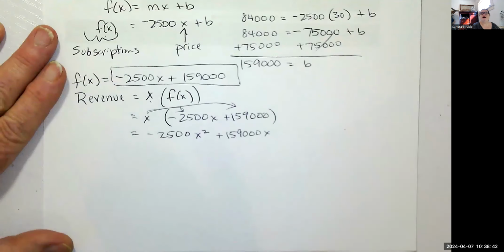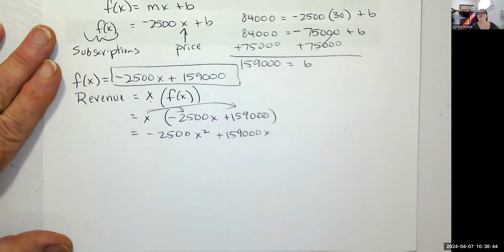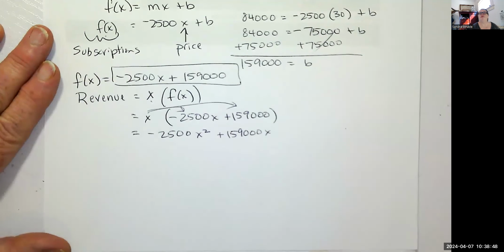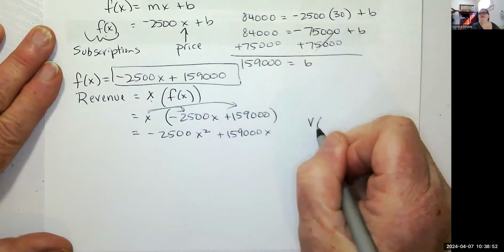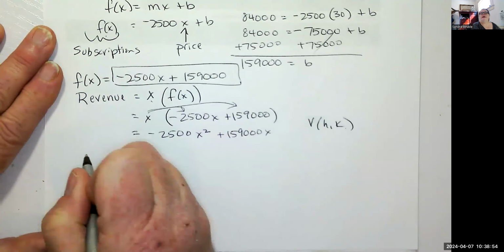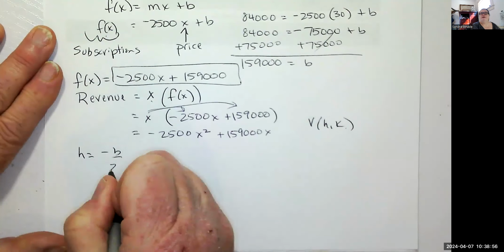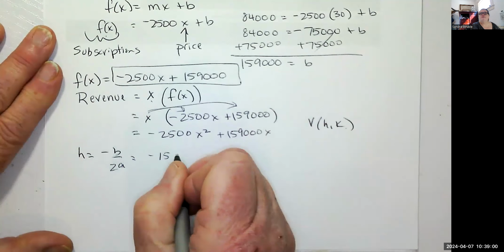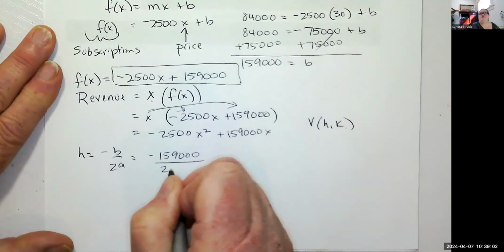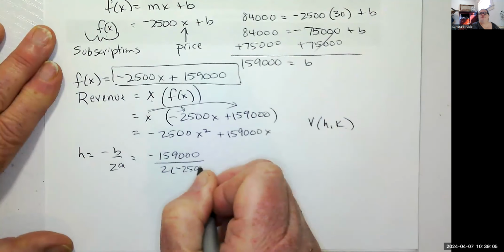To find that max value, which is our focus, how can we max out that revenue? We need to know what our vertex is. Remember, our vertex is (h, k). To find h, negative b over 2a. So negative 159,000 over 2 times negative 2,500.